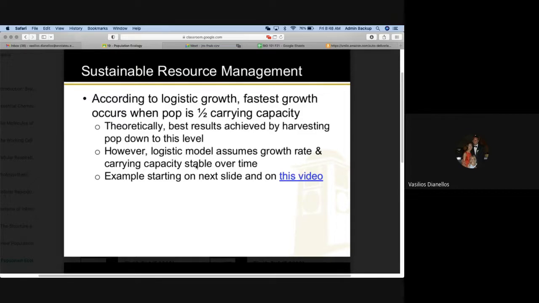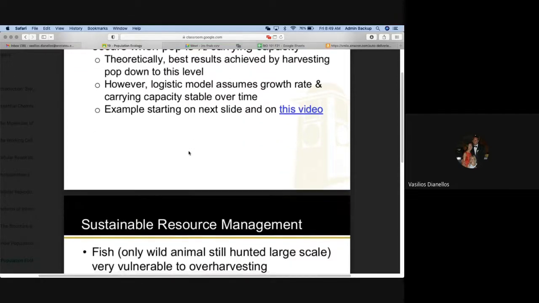Carrying capacity will change. As you get more resources, your carrying capacity would increase. As you get fewer resources, your carrying capacity would decrease. So even though you could try to figure this out, even though you might be able to hit that sweet spot, theoretically, which in itself would be hard, it's always changing, right? That's not always going to stay the same.